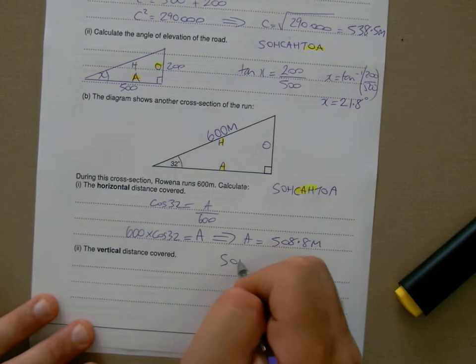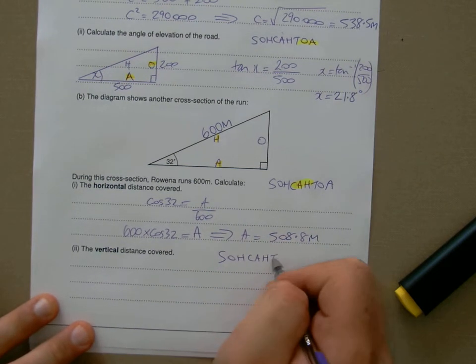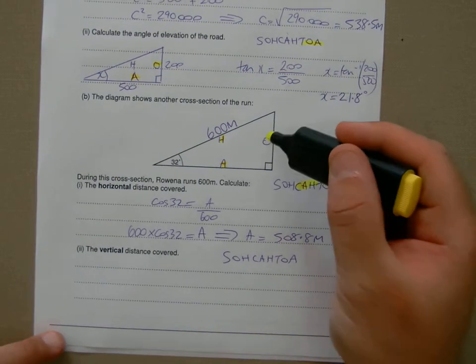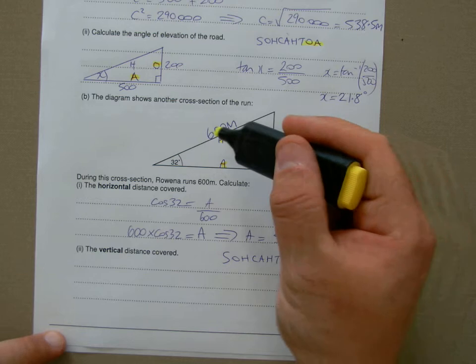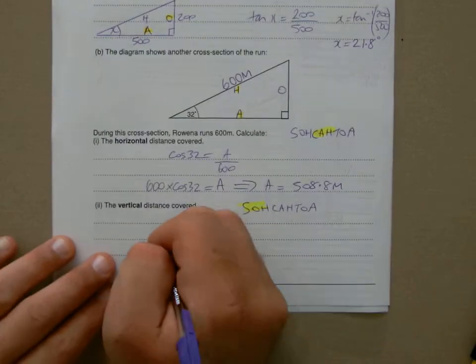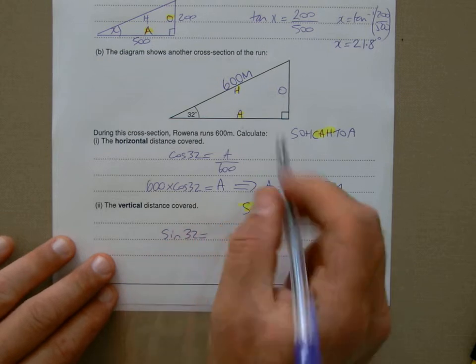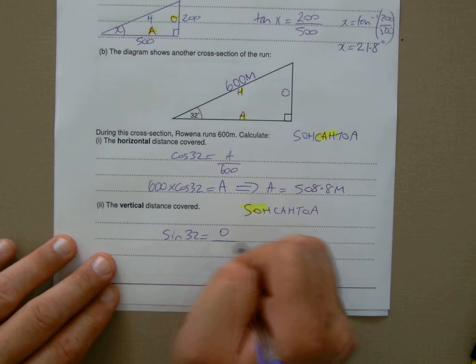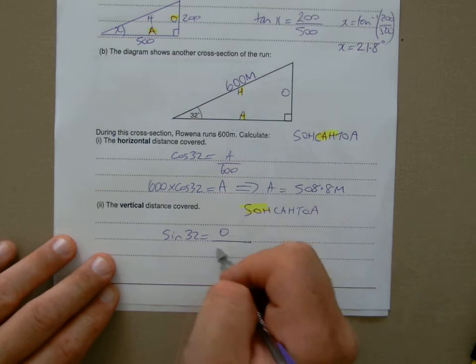So again, maybe I'll write out Sohcahtoa again, but this time notice I want the vertical, so I want the O, don't I? I want the O, and I'm going to use H. So O and H I'll use. So that'll be sine. Okay, so sine 32 equals O over H, which is 600.